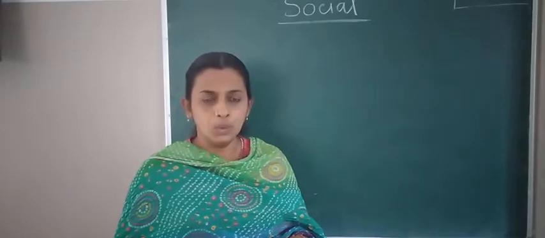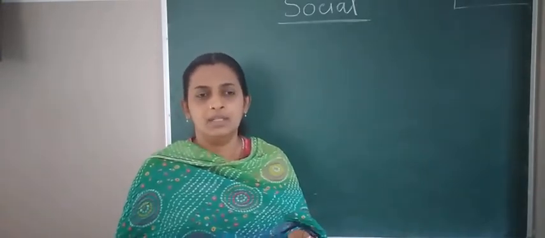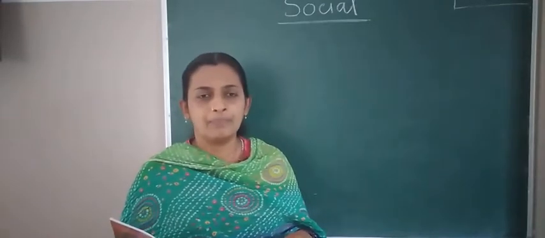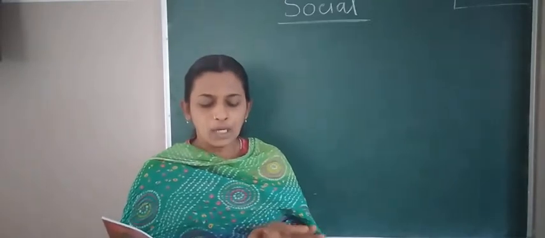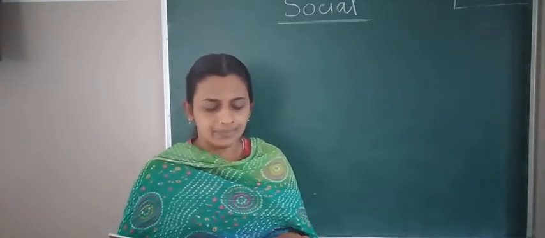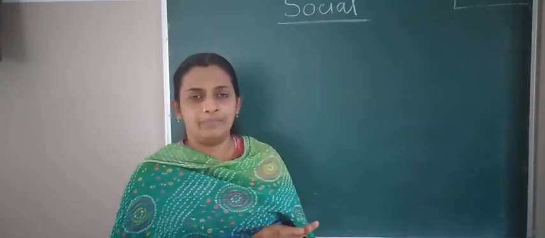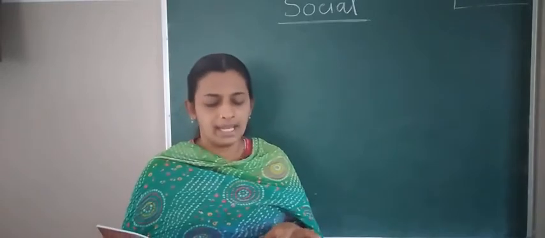On page number 2, Meher's address is given there. But Meher doesn't know how to write his address. That's why our Meher needs your help. 4 clues are given there. First clue, his name, which we already know, Meher Irani. Meher is his name and his father's name is Irani. That's why Meher Irani.